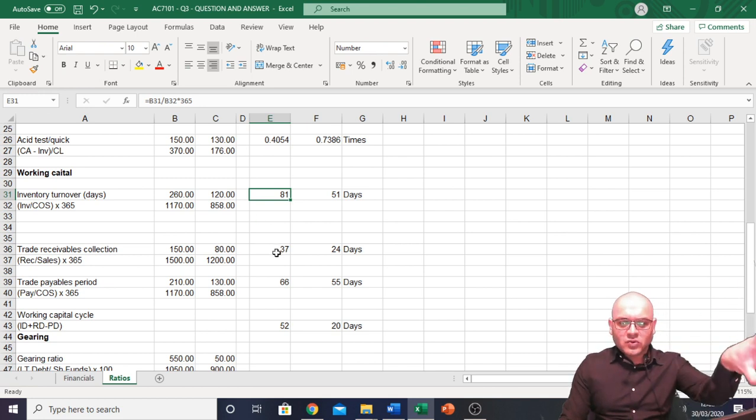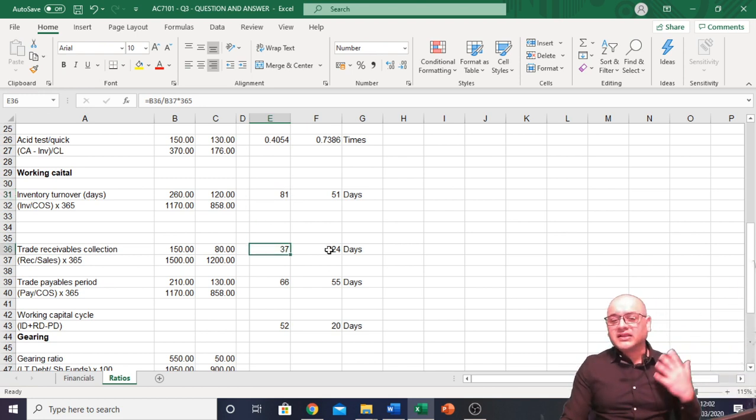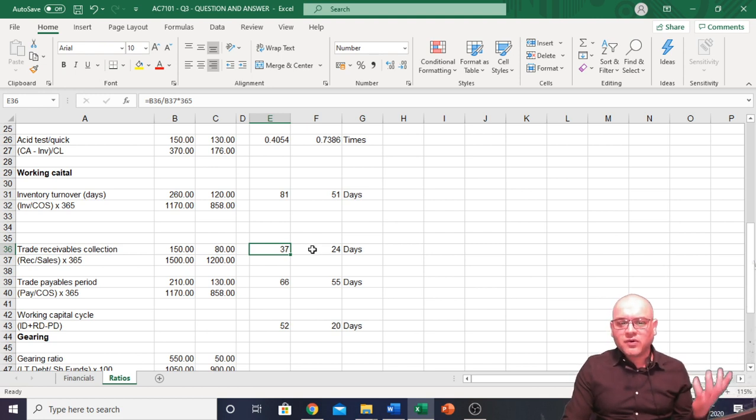Then the goods are sold to the receivables, and they take 37 days to pay you back. Last year was 24, this year is 37. Again, an increase. Is it the company's deliberate strategy to give a higher credit period? Who knows? Maybe it's a deliberate strategy.